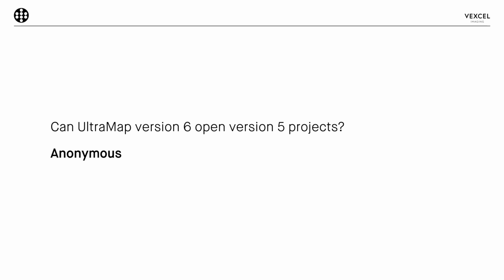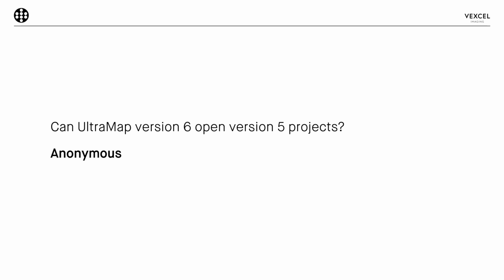Yeah, so as we have shown in this demo, there are some significant changes in version 6 regarding the data structure to enable, on the one hand, all these new features, and on the other hand, to enable the improved performance for the visualization of the data. This makes it necessary that the data structure is being changed from version 5 to version 6. Also from previous versions of UltraMap.